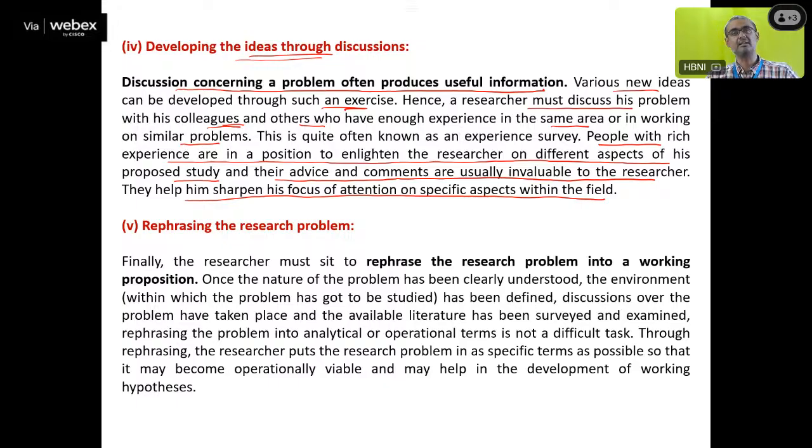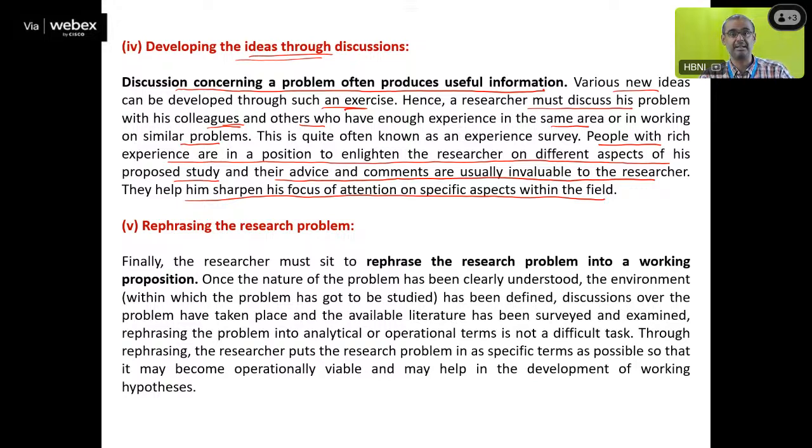And I have also seen that if I discuss my research with people of different fields and similar fields, I get suggestions of a wide variety, a wide spectrum, and you also can find it out.